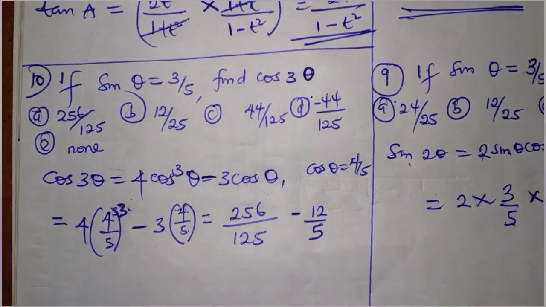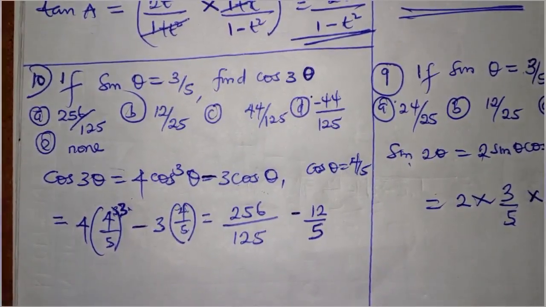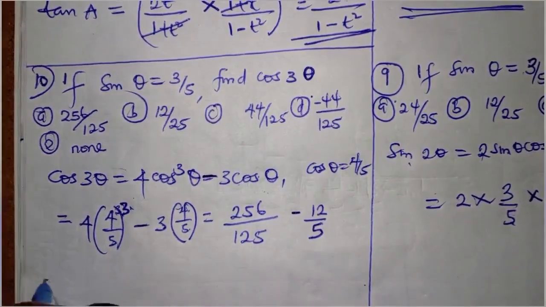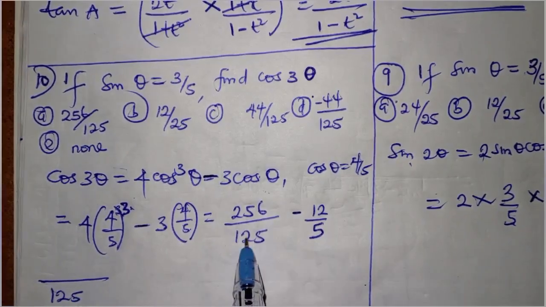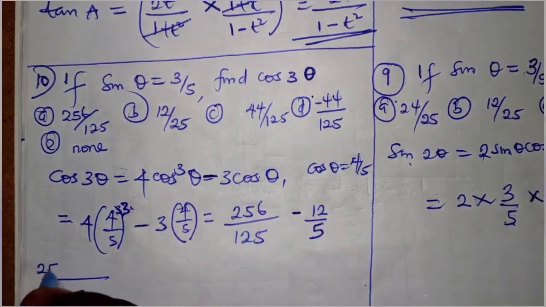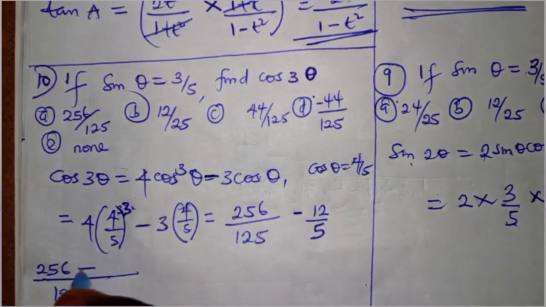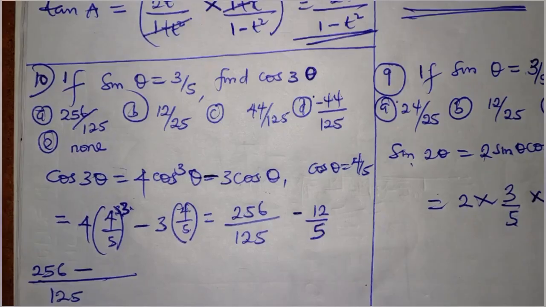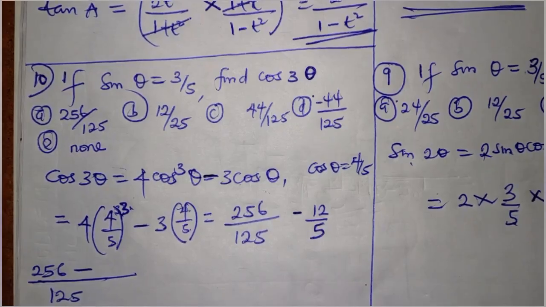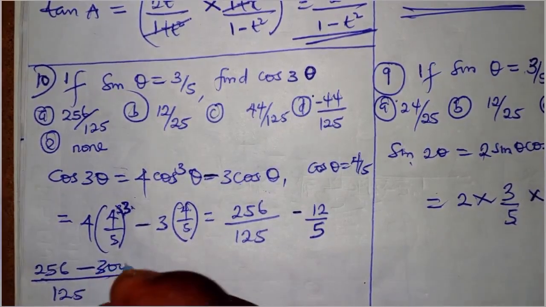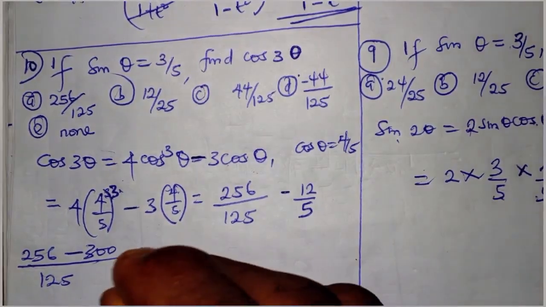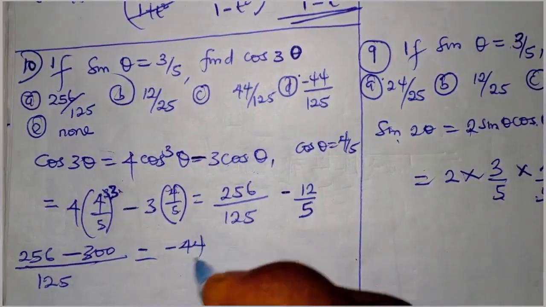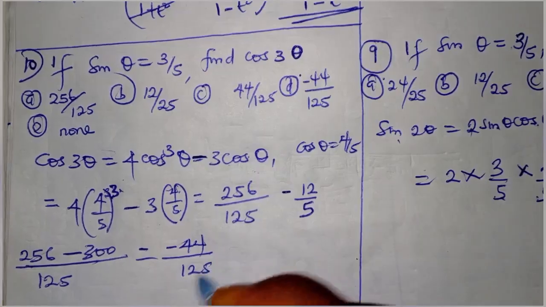Alright, let's take the LCM of both. The LCM of 125 and 5 is 125. 125 divided by 125 is 1, times 256 is still 256. Minus 125 divided by 5 is 25. 25 times 12 is 300. 256 minus 300 is minus 44, all over 125.